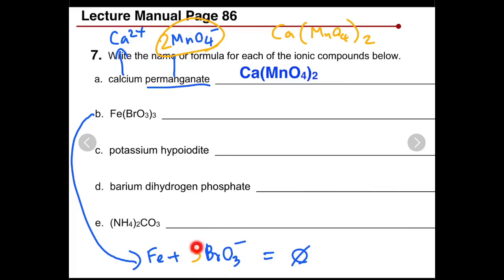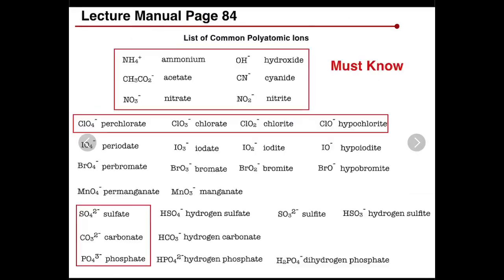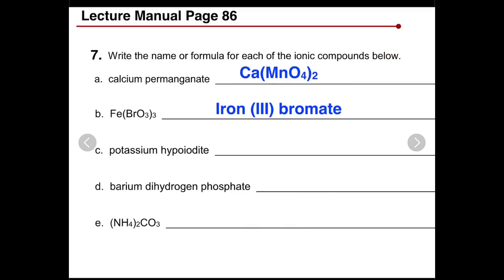If this is negative, since we have 3 of them, it would be -3. -3 added to what equals 0? The answer is iron in this case would be +3, because iron needs to be +3 in order to add to -3, so the overall equals 0. So that means the Roman numeral for this would be iron(III) bromate. Okay, so it comes from that.